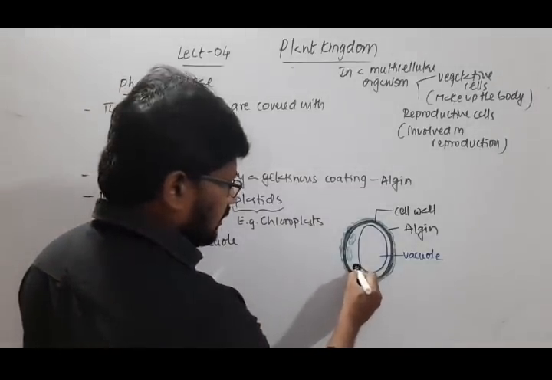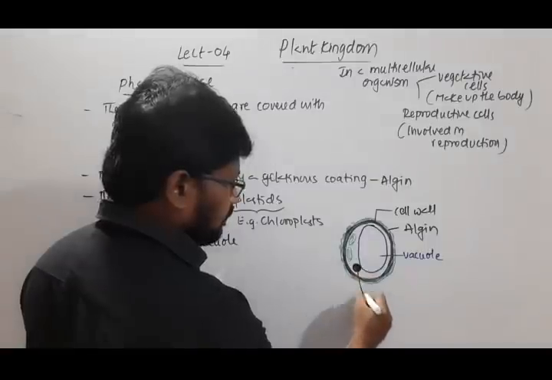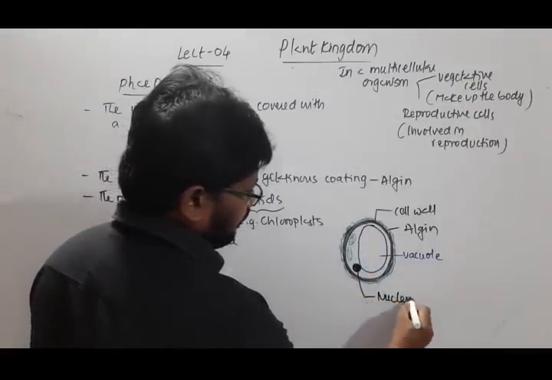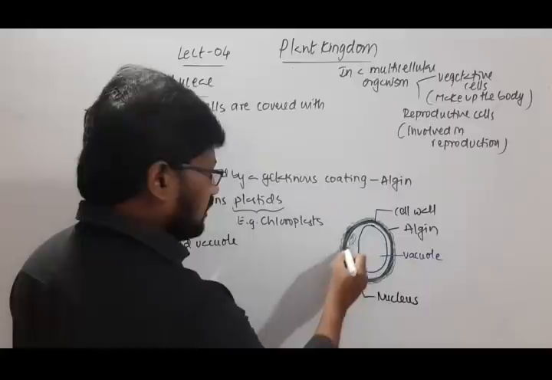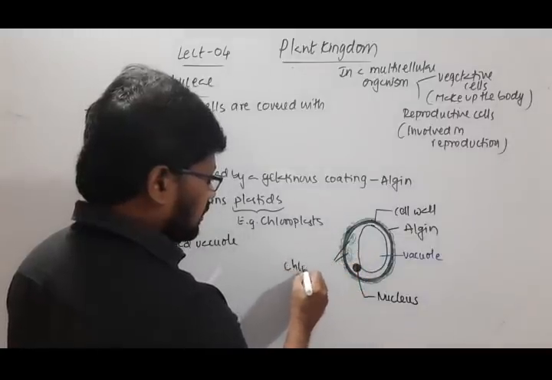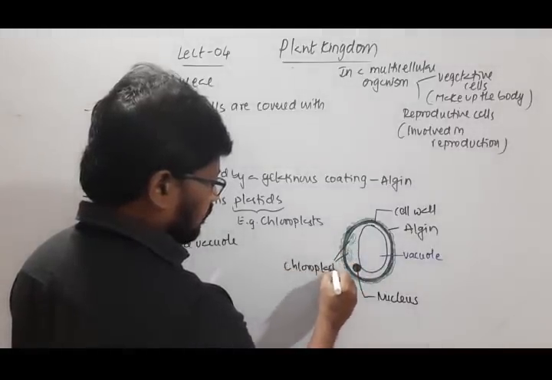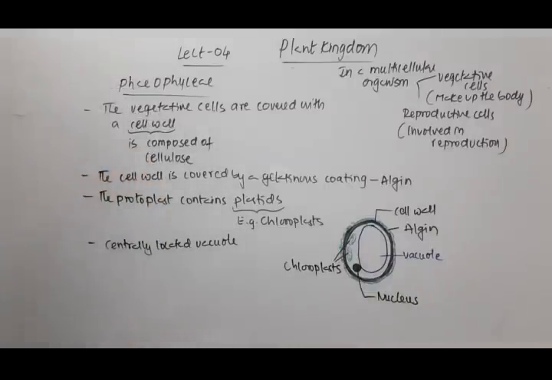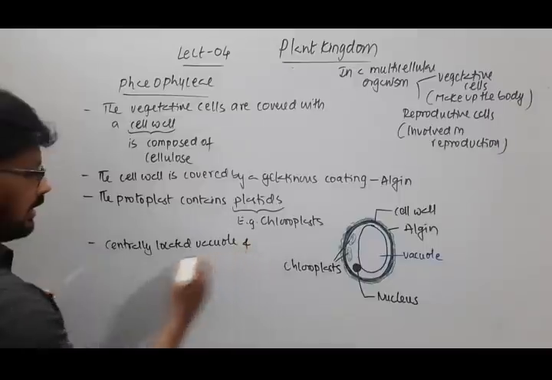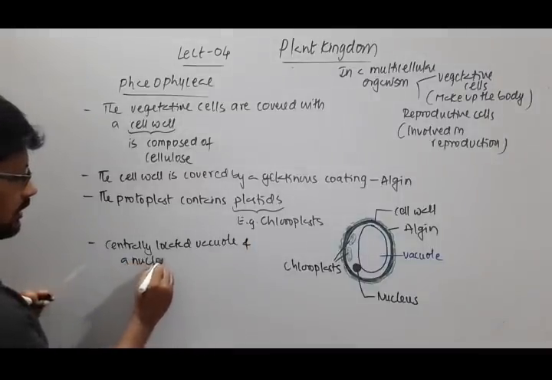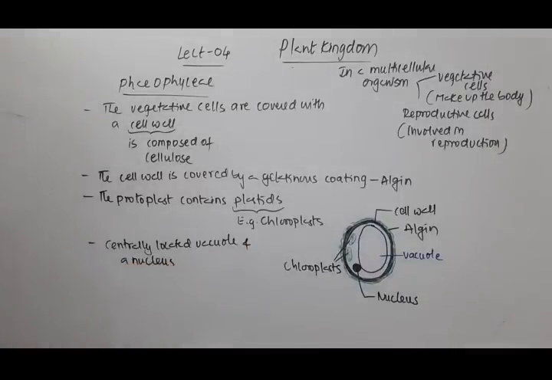You can see here this is the nucleus, and these are chloroplasts. So a centrally located vacuole and a nucleus are present.